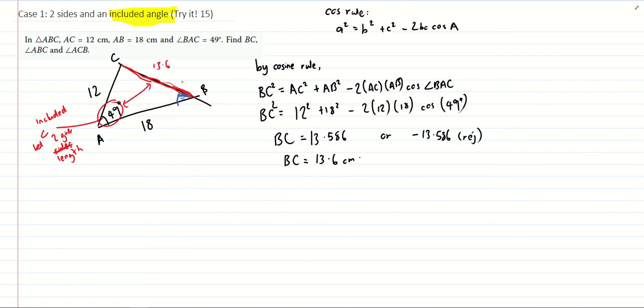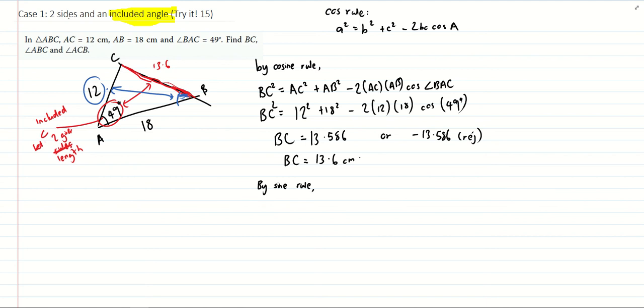Since these two are given already, if I want to use my sine rule, I can just find using this itself. So you can actually use the sine rule even though this is a topic on the cosine rule. This is a very good way of showing you that it's not just using the cosine rule, but you have to apply everything. So by the sine rule, now you realize that in the previous video on the sine rule, I didn't put 'by sine rule' simply because you only knew one rule. But now let's make it more tidy.